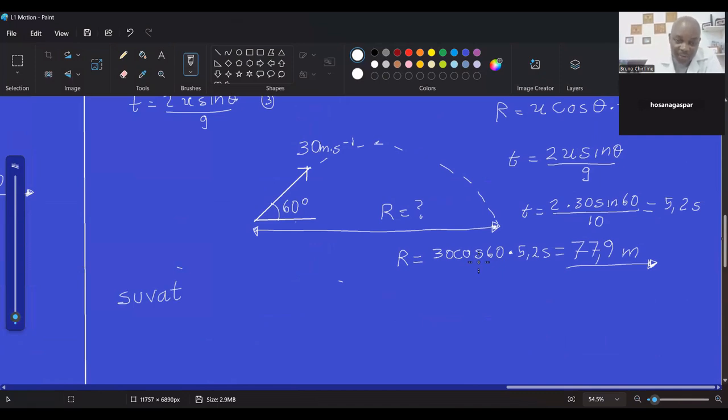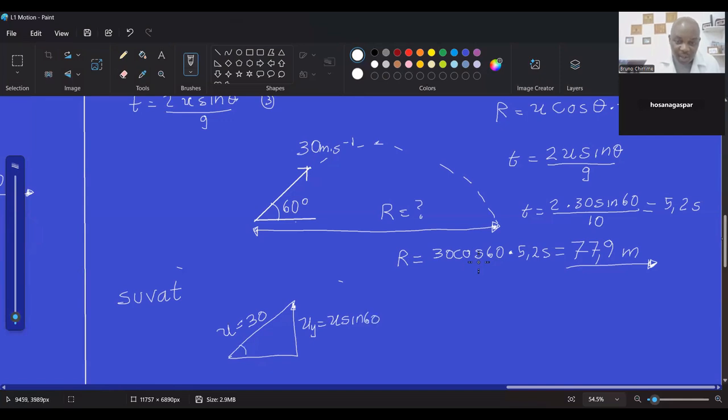For example, we could say we have the hypotenuse being the velocity 30. So the vertical aspect of the velocity. And remember that the 30 is u, the initial velocity. So the u in y, the vertical component, will be equal to u sine theta.